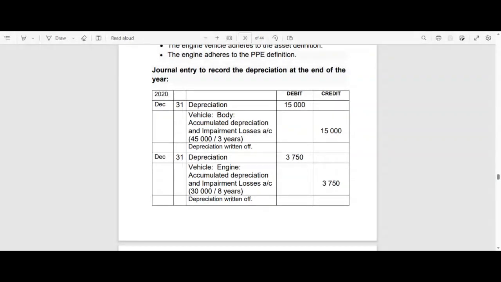The depreciation that you accumulate from one year to the next, you'll have to keep on separate accounts. Otherwise, you are going to find yourself in a situation where you do not know what part belongs to the engine anymore in a few years' time, or what part belongs to whatever you've identified as a significant part.